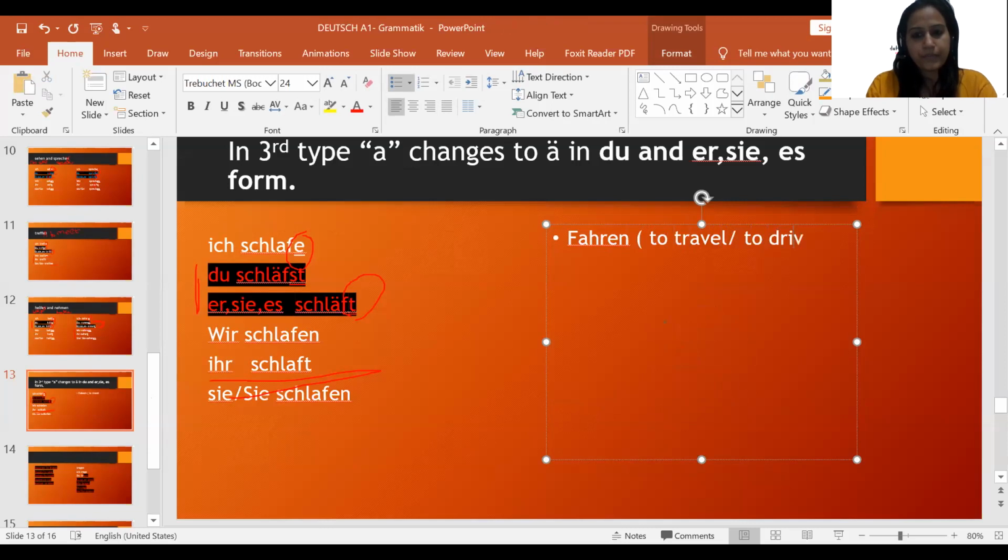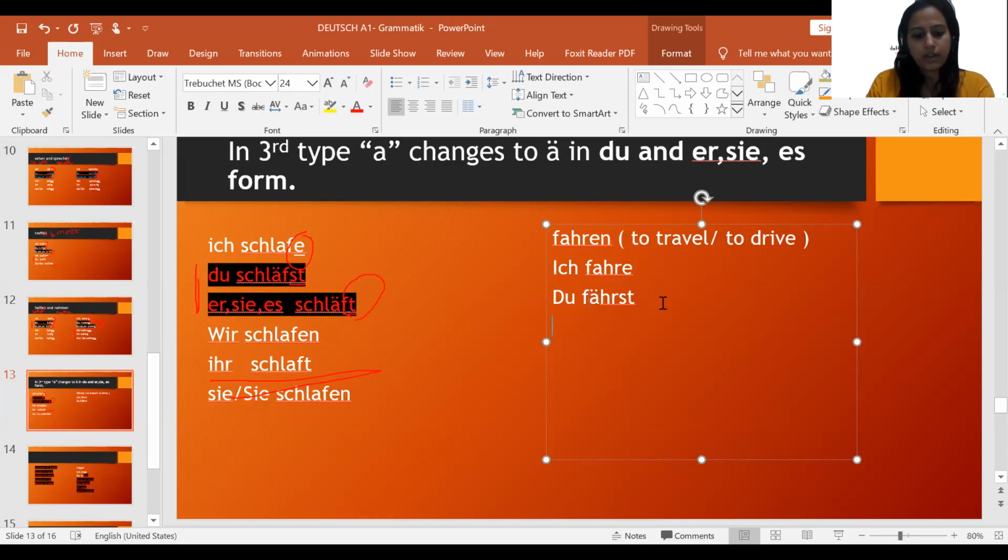It has two meanings, so depending on the context, you have to use it. Let me just write it and conjugate it for you guys. Ich fahre. So basically, I delete this en and I just write e. And then du fährst. But what happens here? I have to change this a to a umlaut, okay?